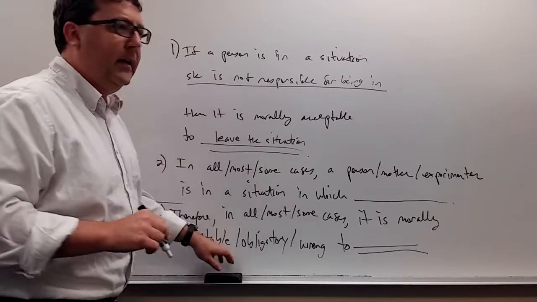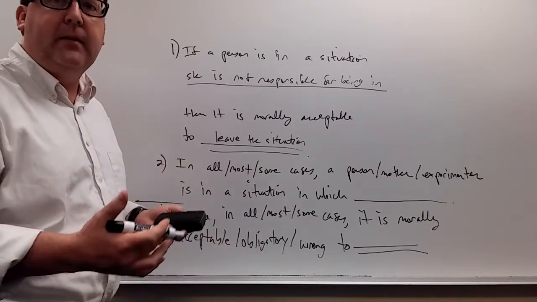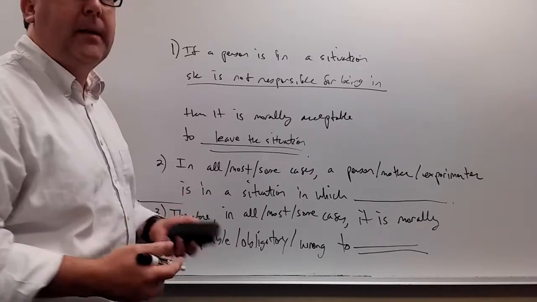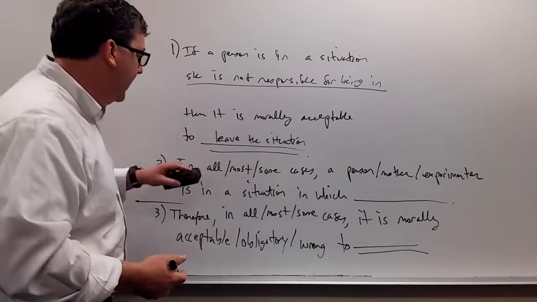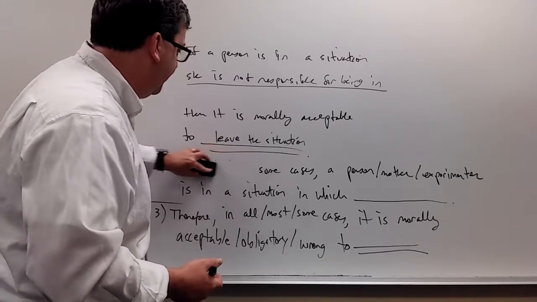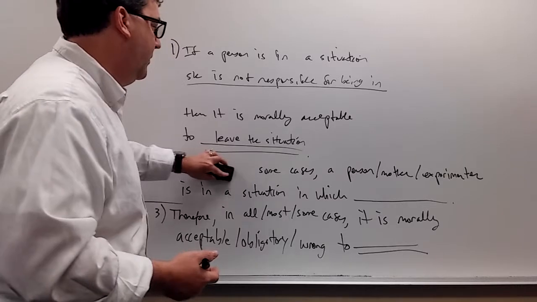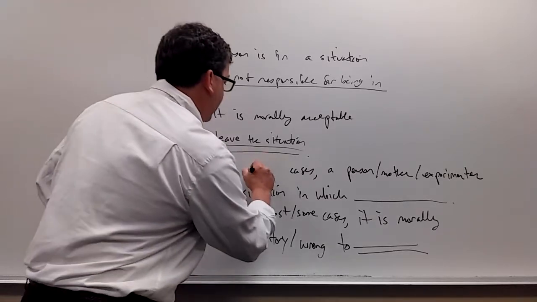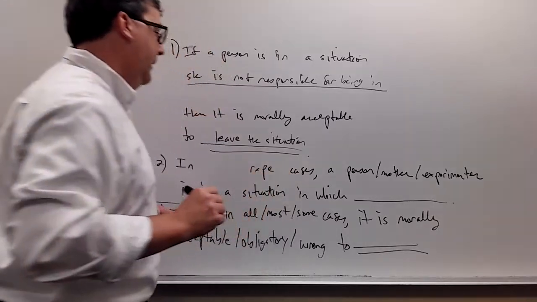Next, she wants to say that in some abortion cases, in particular rape cases, it's going to be acceptable for a woman to have an abortion. So she's not saying all abortion, she's not saying most, she's saying some. Or because she specifies exactly which ones, and you can do that too, she would say in rape cases.